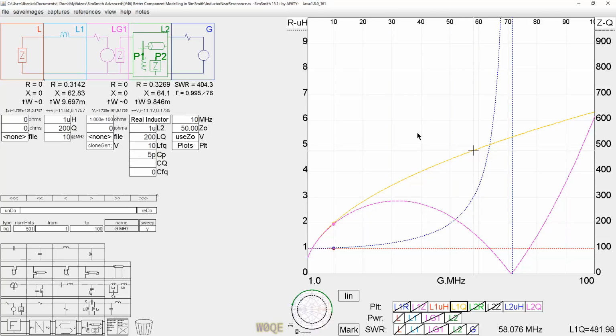Other things have particular caveats, where it's true only in certain conditions and not true in others. But SimSmith is a wonderful judge to be able to discern whether or not something's really true, really false, or what's really going on, particularly in a circuit. But it's all based on your ability to model it accurately.